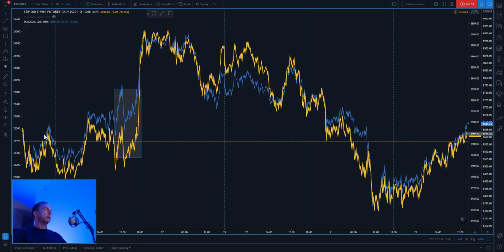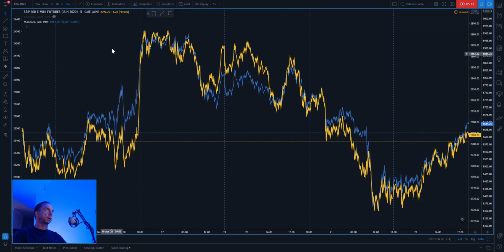As you can see here, they were trading along, and then all of a sudden it broke down. It broke down pretty substantially, because on the ES this is a 10-point move, and that's another 10-point move.